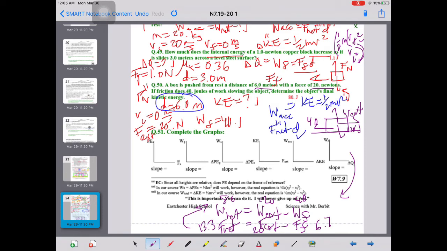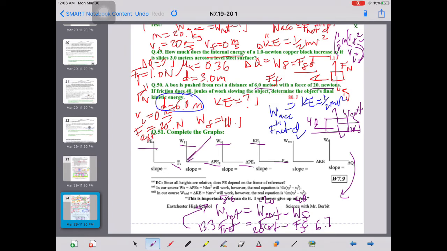Finally, there's some graphs over here, and these are pretty straightforward. Basically, this is just encouraging the relationship between PES and WS, WG, PEG, WS, PES, KE, F net. So right away, WG, PEG, they're the same thing.